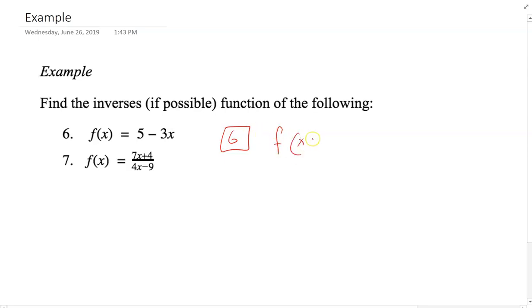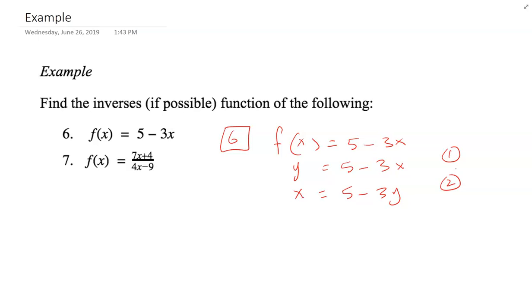Step 1, we would replace f of x with y, so we have y is equal to 5 minus 3x. Then step 2, interchange the y and x. So we have x is equal to 5 minus 3y. And then the rest is algebraically solving for y.